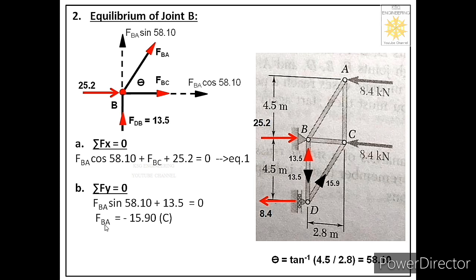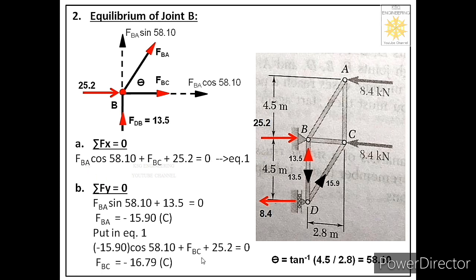Now once we get the value of FBA, we will put this value in equation number 1 to get the value of FBC. So we put the value of FBA, that is minus 15.90, in equation 1. From here we can find the value of FBC. FBC will be minus 16.79. Again we got a negative answer.